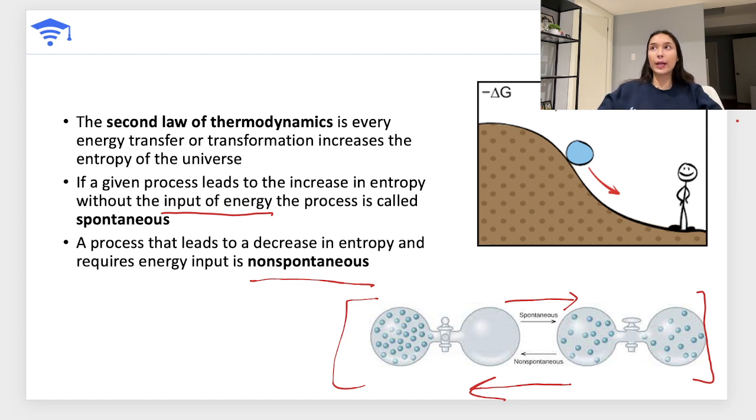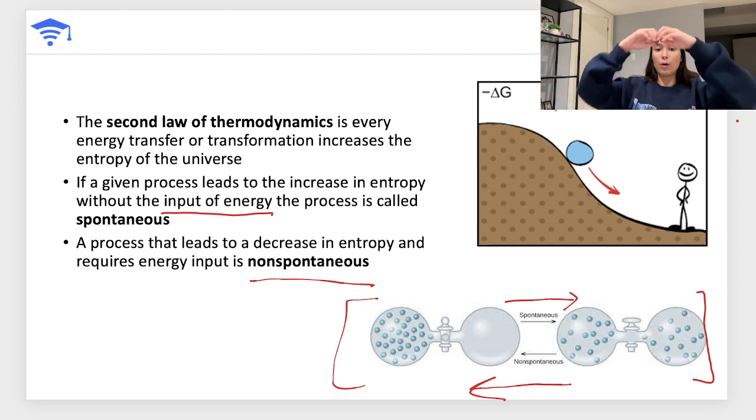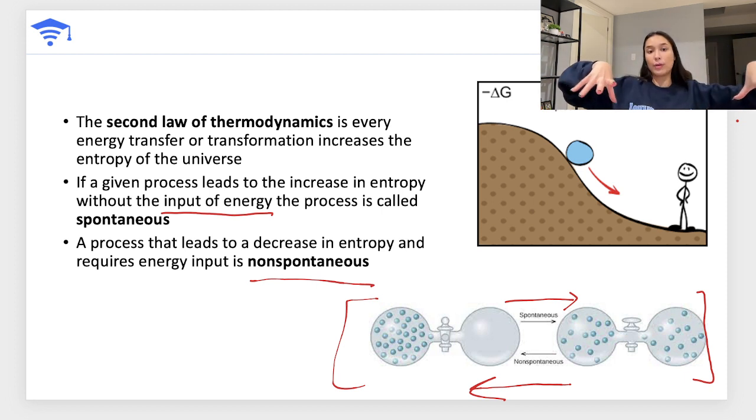The way you can think about it is with that same sugar. If you have all the sugar molecules spread out throughout the water, and you somehow wanted to bring them all back together and pull all the sugar out, that's going to take energy. The sugar molecules will naturally spread out, but they won't naturally come together. You would have to put some sort of energy in or do something to allow that sugar to come back together. So to bring things together and decrease entropy is going to take energy. So it's non-spontaneous, okay?